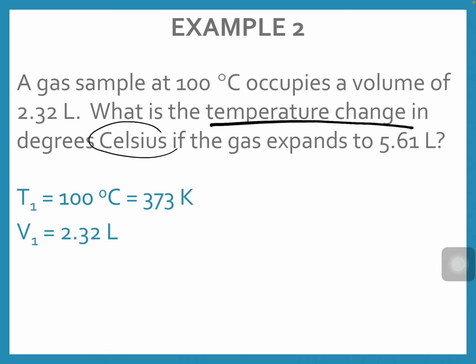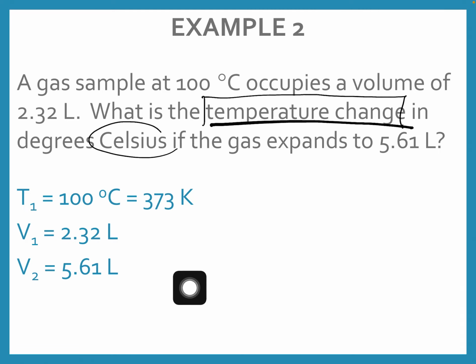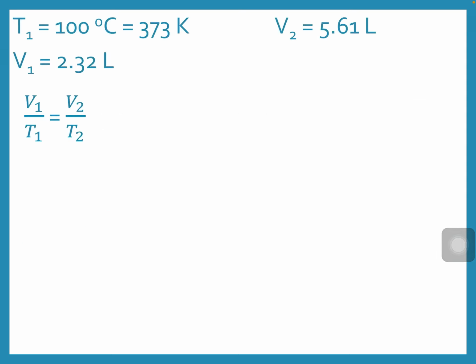Initial volume is 2.32 liters, and final volume is 5.61 liters. I can calculate my final temperature, but I'm asked for my change in temperature. So once I have my final temperature, I'll have to look at the difference between that and my initial temperature for the temperature change.